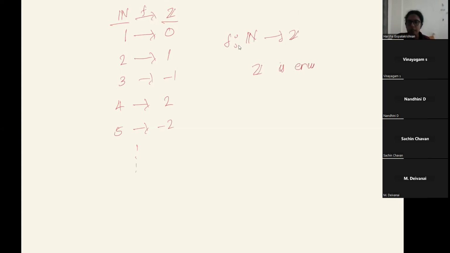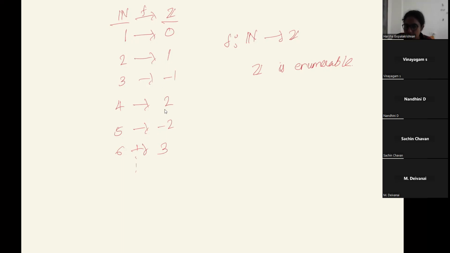I suggest you find the explicit form for this function. Here you can see that all the even natural numbers, 2, 4, 6, etc., go to positive integers. And 1 goes to 0. And all the other odd natural numbers go to negative integers.